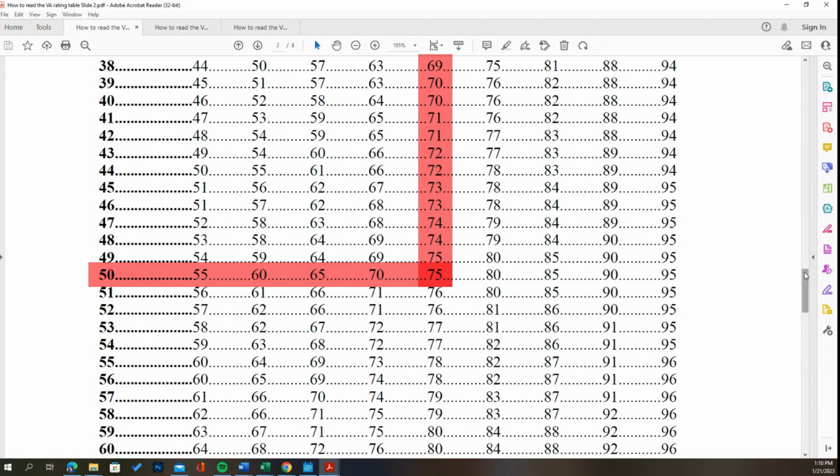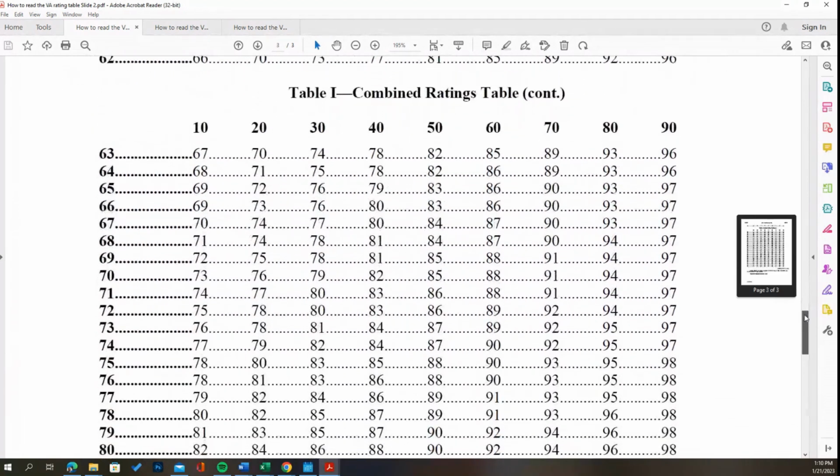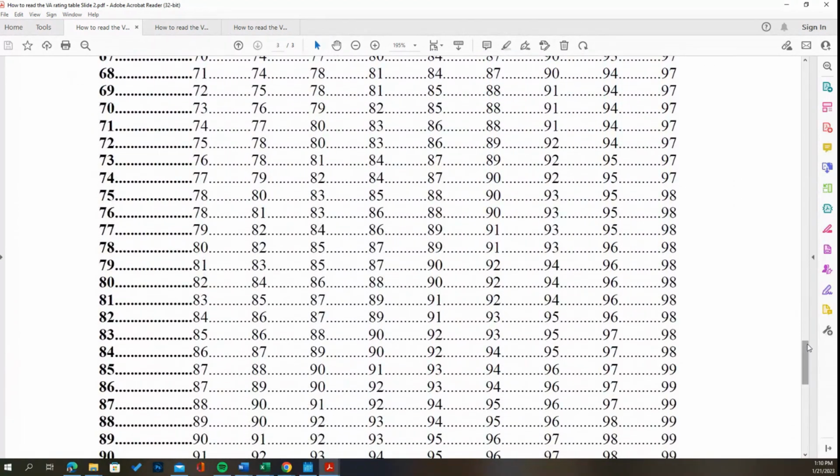Now we take that 75 number and put it over in the left row. When we do that, we count over 4. 78 is 1, 80 is 2, 83 is 3, 85 is 4. Let me make sure I got that right. Yep, 75, 78 is 1, 80 is 2, 83 is 3, 85 is 4. 88%?